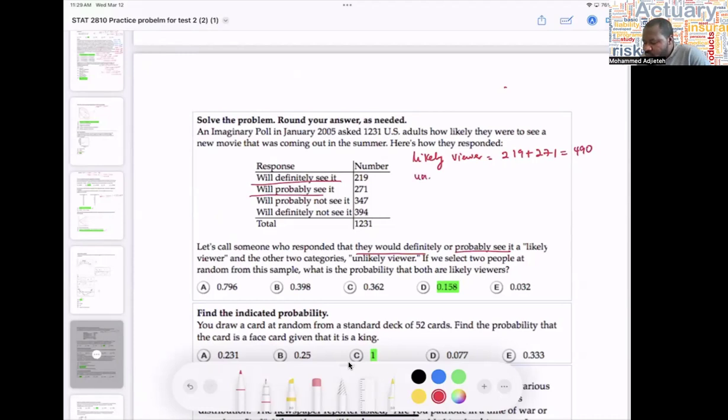And then the other two categories are unlikely viewers. So let's do that. That is going to be 347 plus 394.